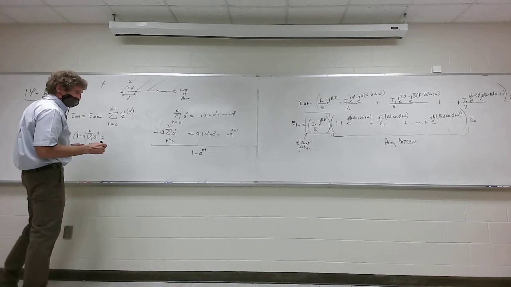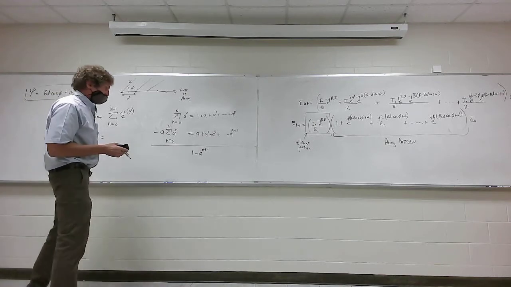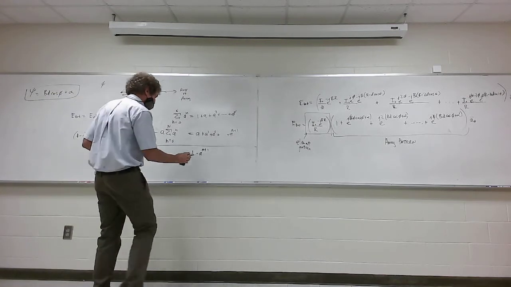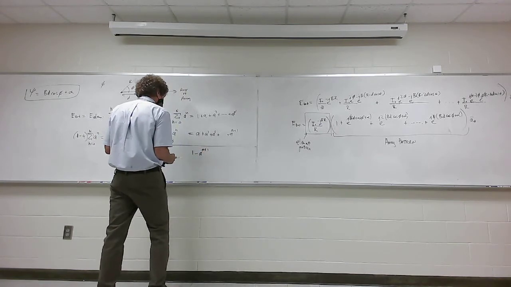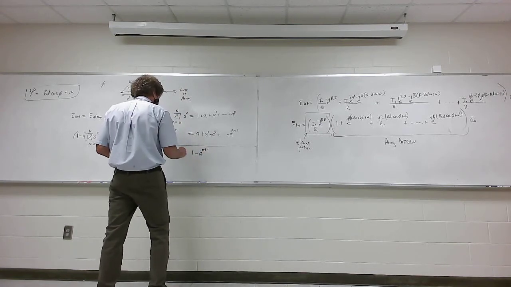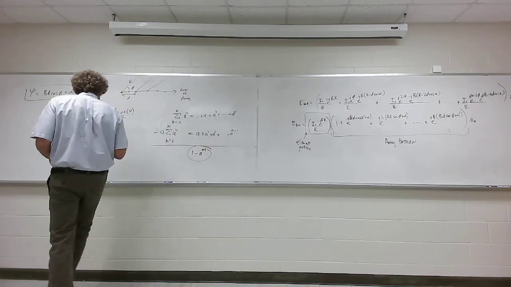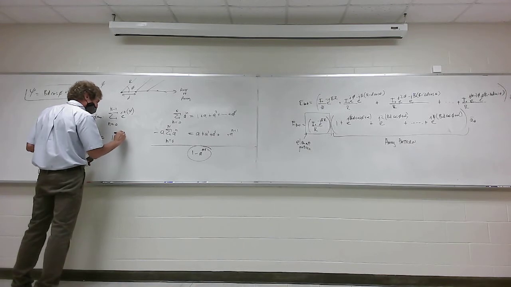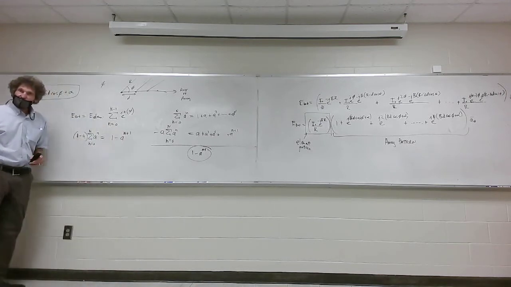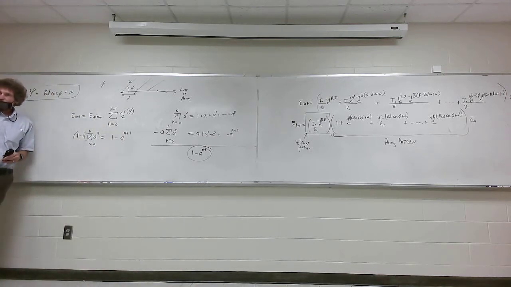I found out that I get what? I simply get, well, I didn't write the whole thing down there. For this, right here, I get this. So I simply get 1 minus a to the n plus 1. Do you all see that, class? Right? Can you see it in the back there?